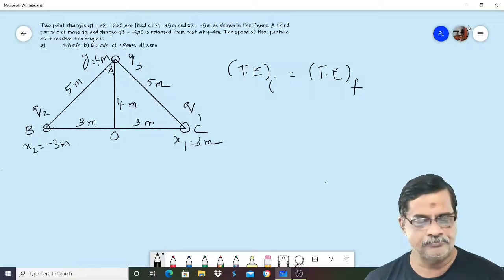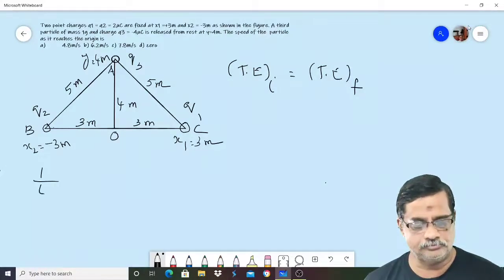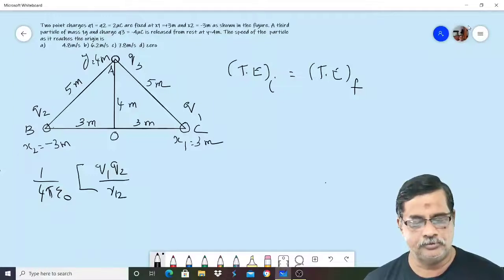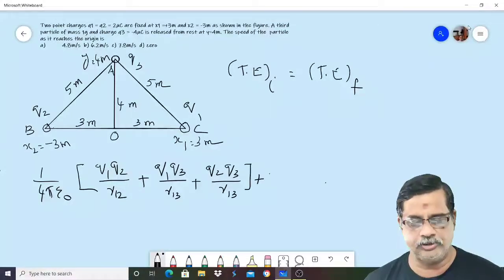So let us write 1 by 4 pi epsilon 0. System means charges q1, q2 and q3. So this is q1 q2 divided by r12 plus q1 q3 divided by r13 plus q2 q3 divided by r23, plus 0, because there is no kinetic energy to begin with.